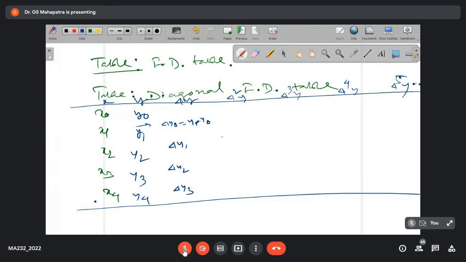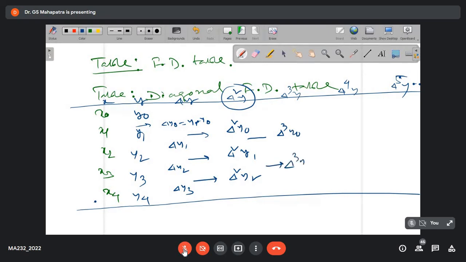Now how to find del 2 y, and what will be the position of the entry? You put it here: del 2 y0, del 2 y1 in between, del 2 y2. Now del 3 will be here: del 3 y0, del 3 y1.